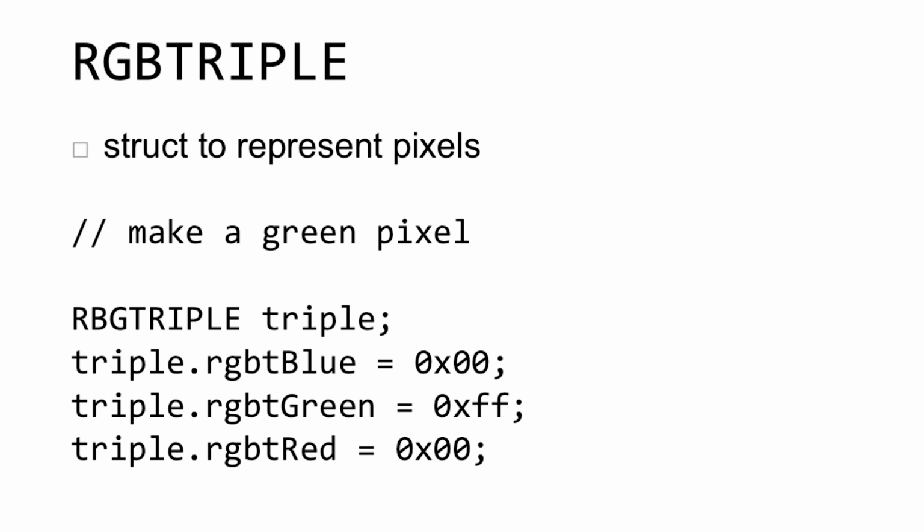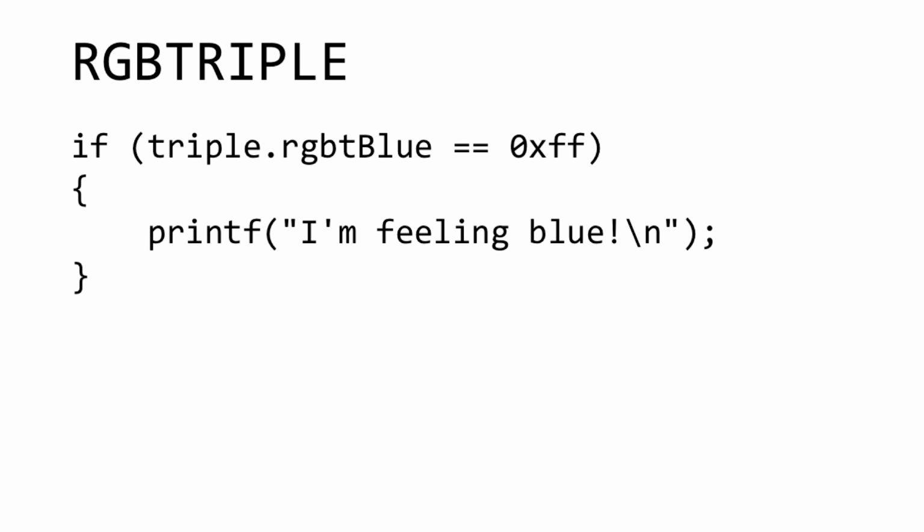And there I have a green pixel. You can access and change the RGBTRIPLE colors just as you do for any other variable. For instance, this code here asks if a triple's blue component is full, and if so, prints "I'm feeling blue."